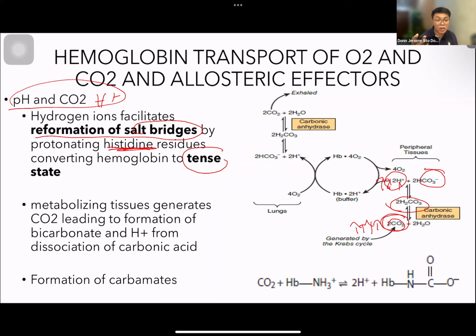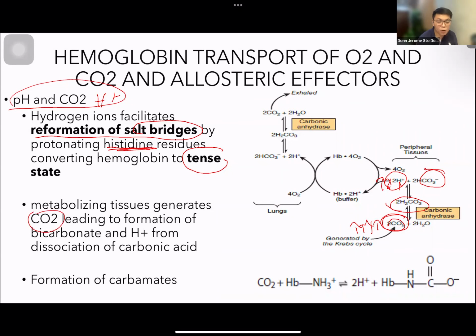The more hydrogen ions you have, will you have more salt bridges? Yes, because it protonates the histidine residues. And the more salt bridges you have, what type of hemoglobin predominates? The taut or the relaxed form? The taut form or the low oxygen affinity form. Again, that's beneficial for actively metabolizing tissues that are producing a lot of carbon dioxide.